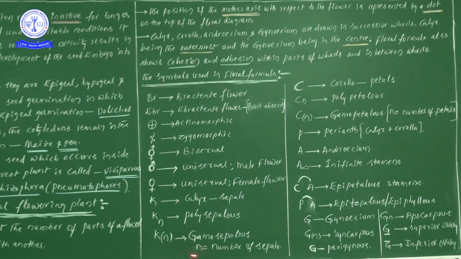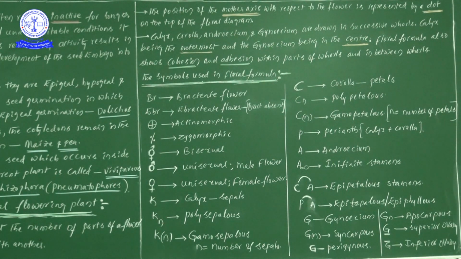The alphabet N indicates the number of sepals. Actually this particular point is not required, no need to remember it, but remember K is calyx and K with N is the polysepalous condition.